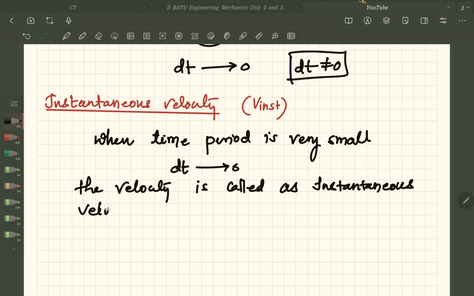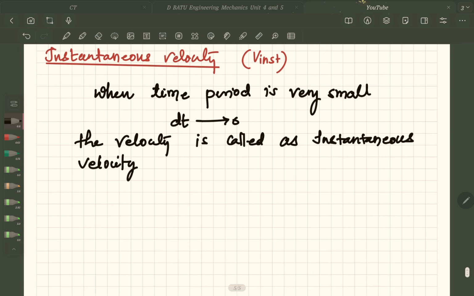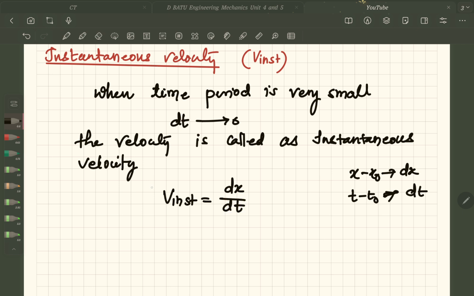We will be discussing this in detail again in a later part of the syllabus, but right now we are just dealing with this. So the instantaneous velocity can be indicated as, instead of writing x minus x0, since the distance is very small, I am writing it as dx, and instead of t minus t0, since the time period is very small, I am writing dt. So v instantaneous becomes dx upon dt.